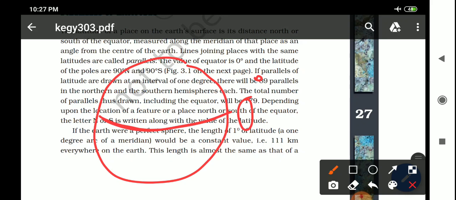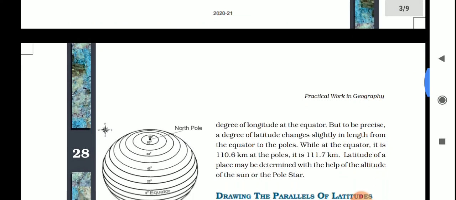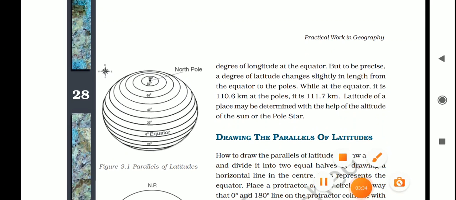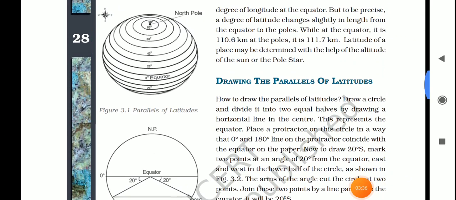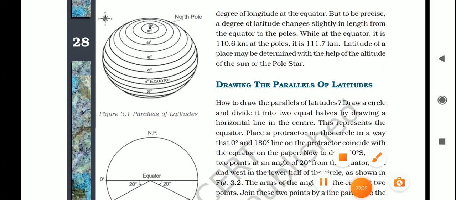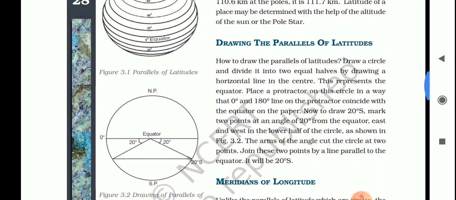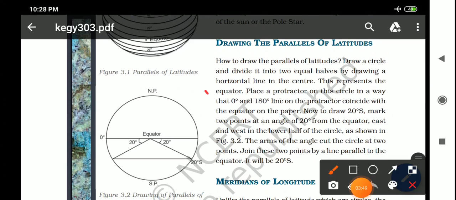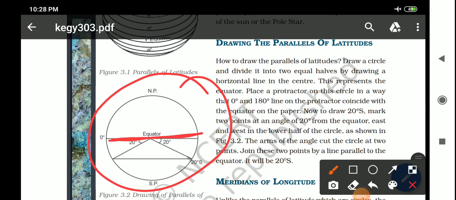Now, 20 degree south, suppose I show you here in the picture. So here, students, you can see this is the equator portion, 0 degree, and from this portion we have 20 degree south.